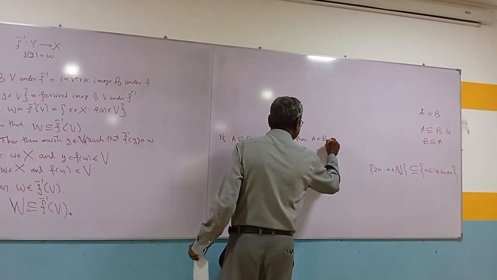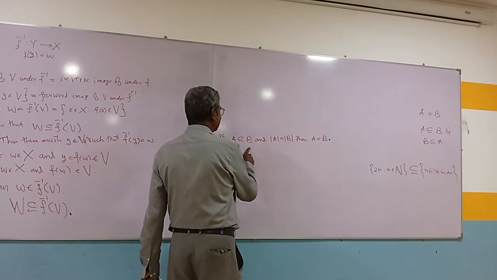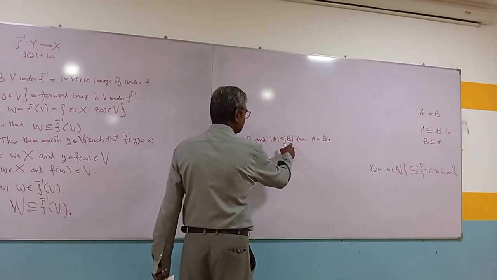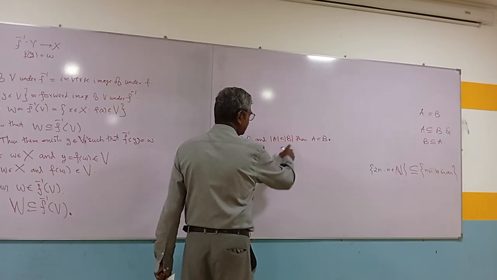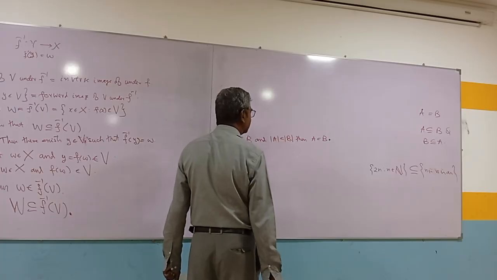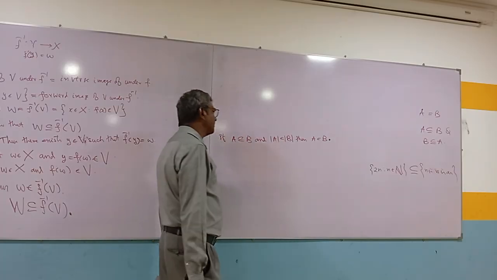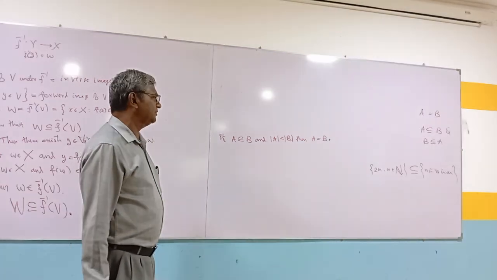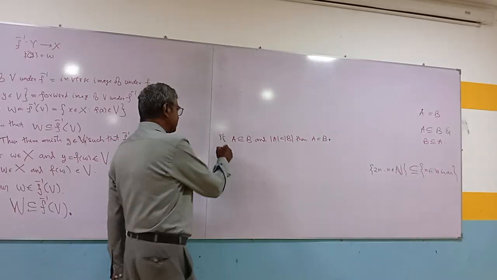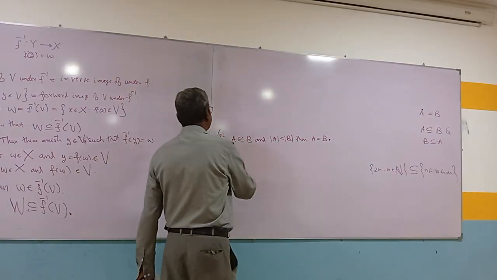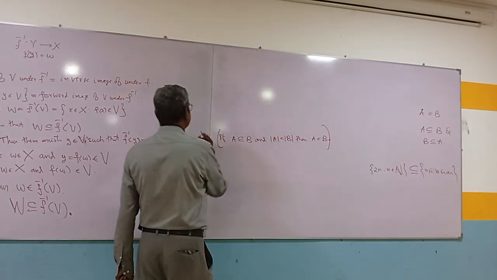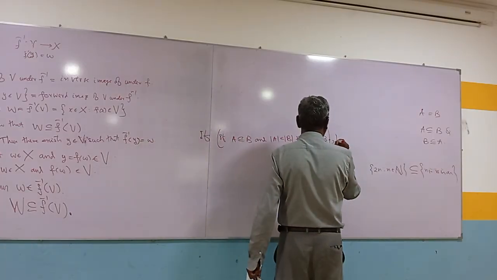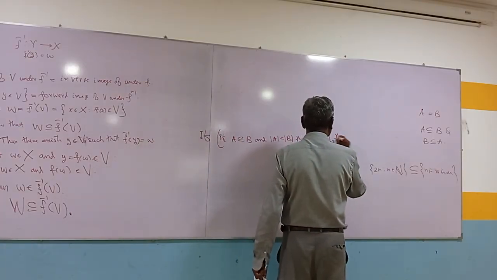You are saying, if A is a subset of B and the cardinality of A is equal to the cardinality of B, then A equals B. This statement is true for some two sets A and B. Then you have to conclude. That's why I am saying you always have to write precisely.